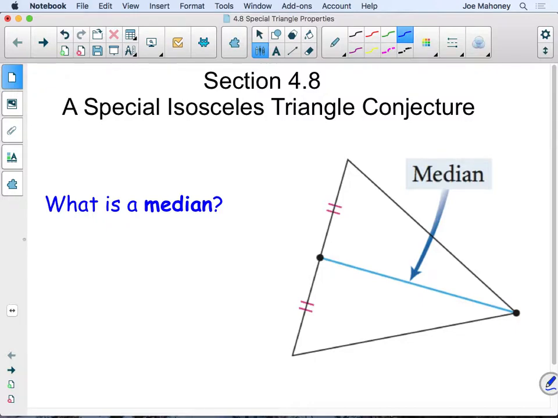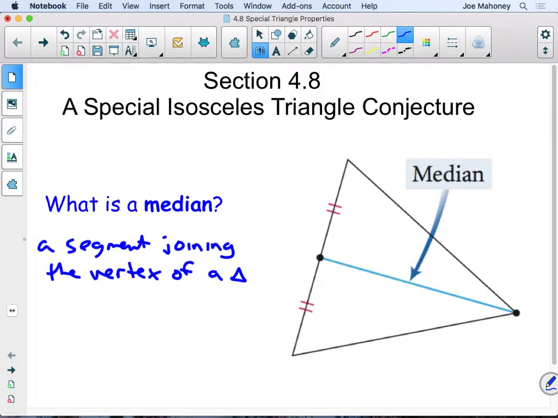First of all, notice that a median is a segment. And it's a segment that is joining the vertex of a triangle. So it starts up here, at the vertex of the triangle. It joins that vertex and the midpoint. Can you tell how the triangle is marked?